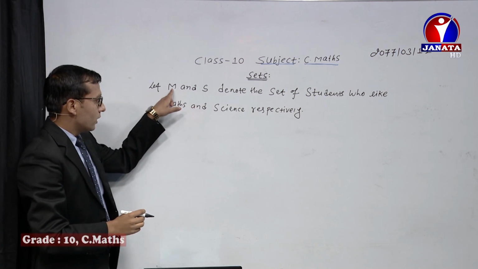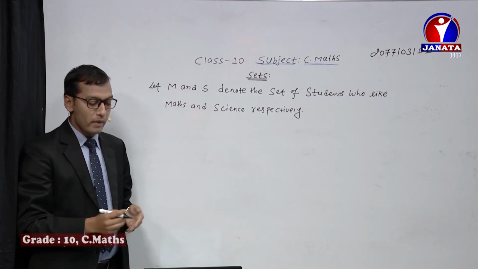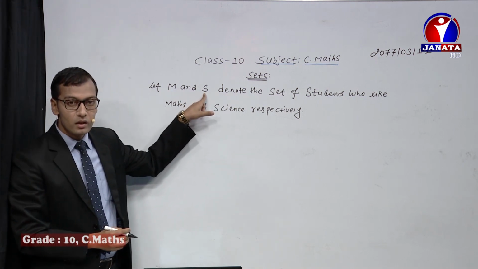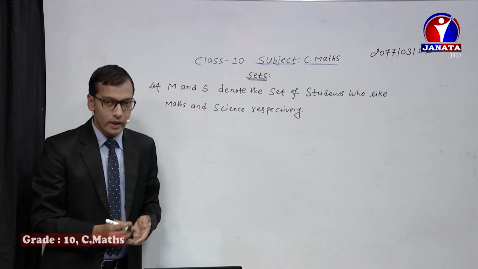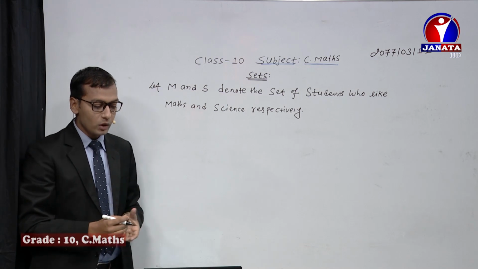So M is the set of students who like math, and S is the set of students who like science. After writing this language, now let's pick up the information given in the question.